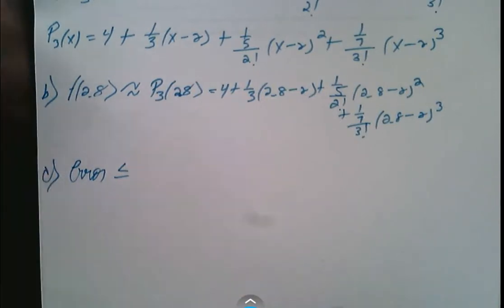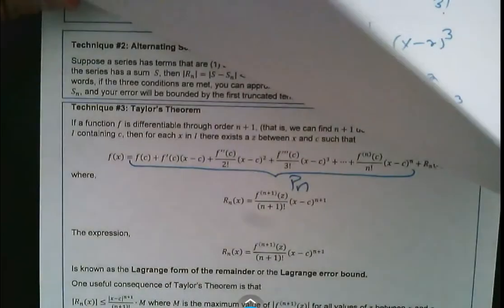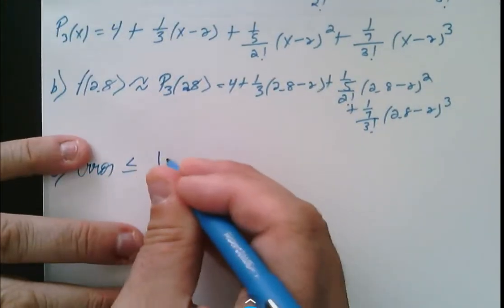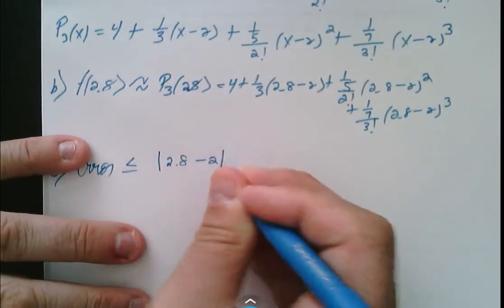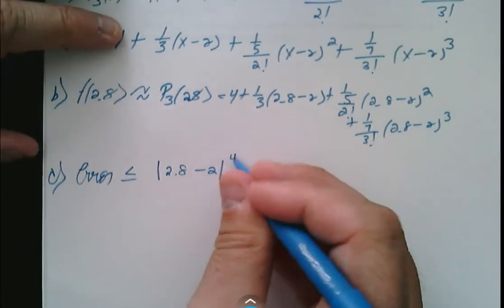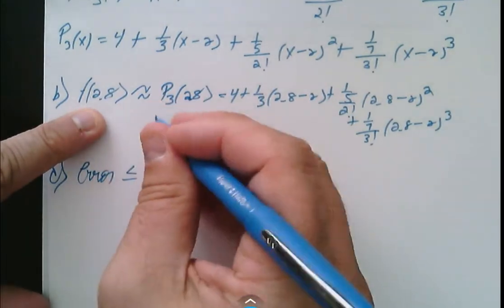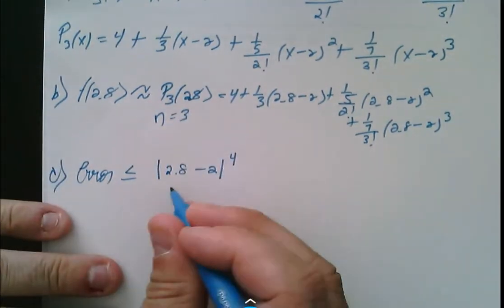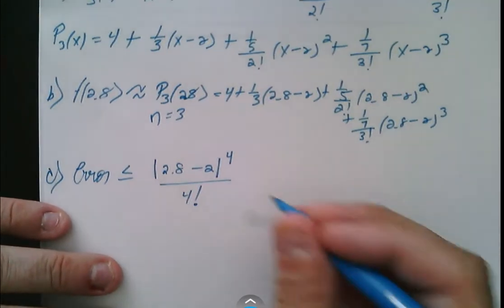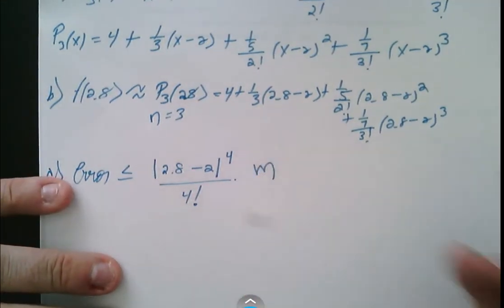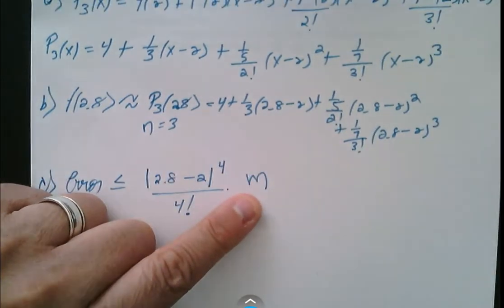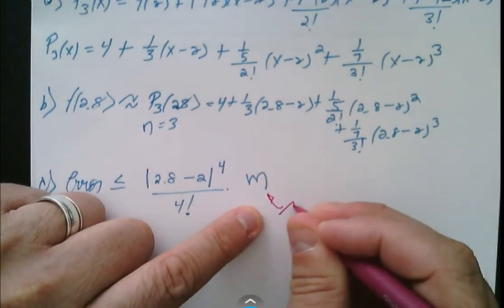So the bound for the error, let me look at that one more time, is we're going to look at the absolute value of 2.8 minus 2, that difference, raised to the fourth power, because here n is 3, divided by 4 factorial times M. M is the maximum, let me define this.